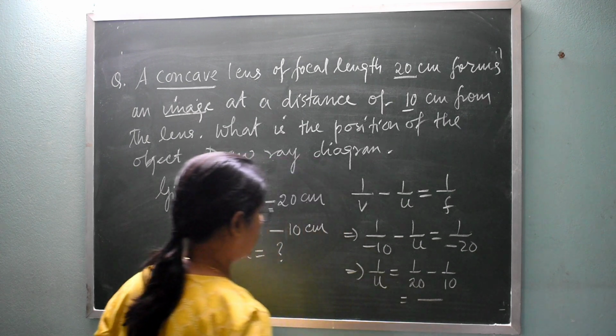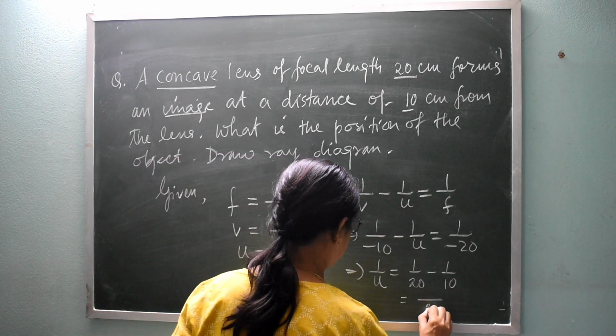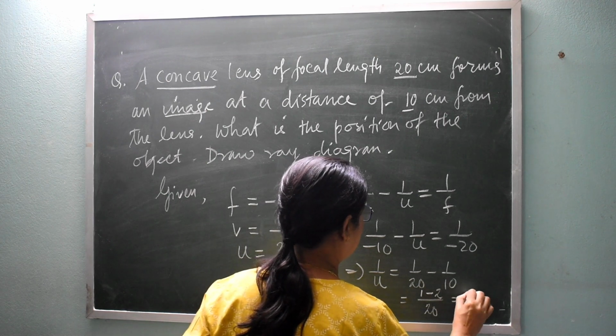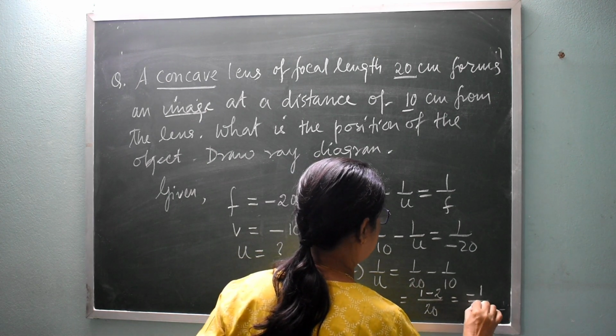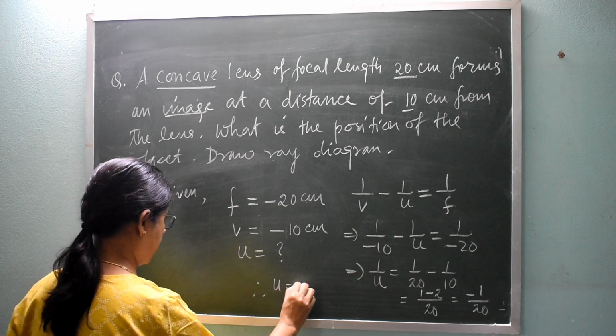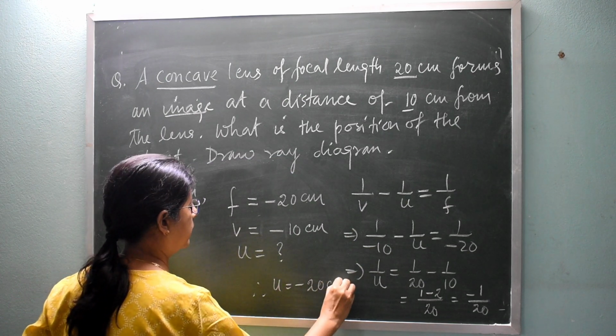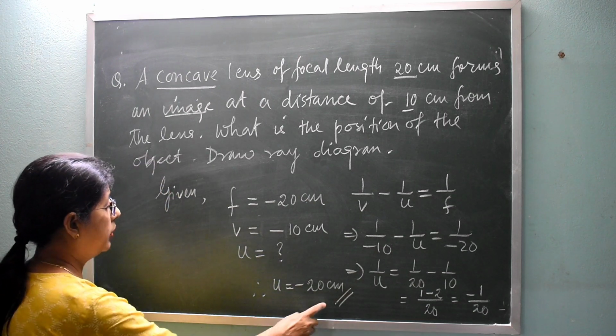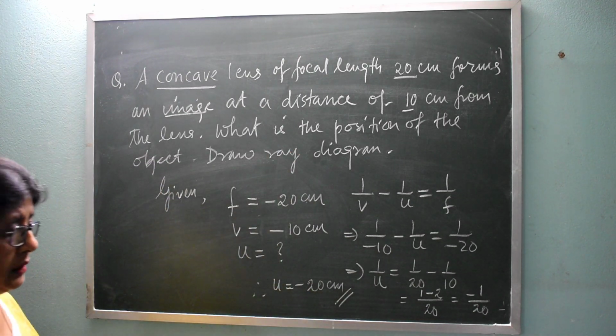So we have 20, then 1 minus 2, so we will have minus 1 by 20. Therefore, u equal to minus 20 centimeter. This will be the position where the object should be located.